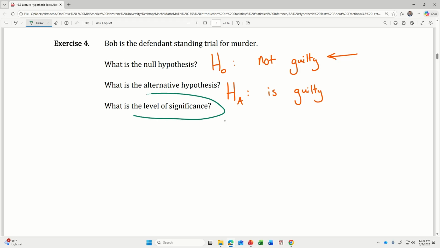The level of significance here is like, what probability is acceptable for sending an innocent man to prison?